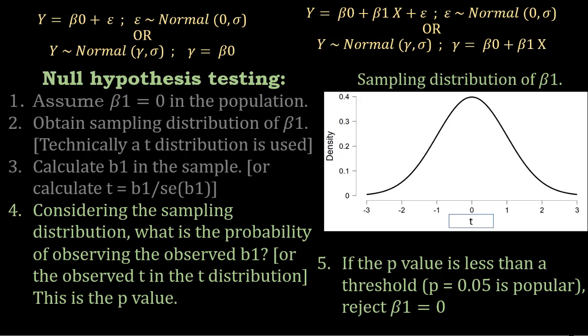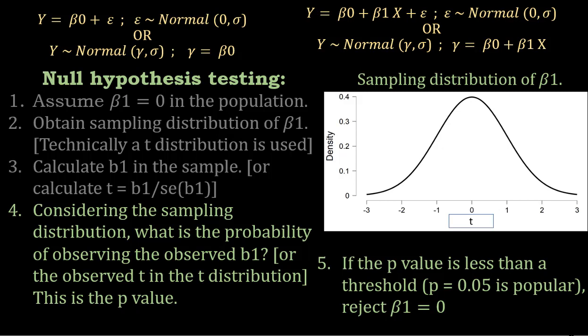We hypothesize a null parameter in the population, so beta 1 equals 0, and then we say, oh, how likely is it to find the value we obtain in our sample if the beta 1 in the population is 0.